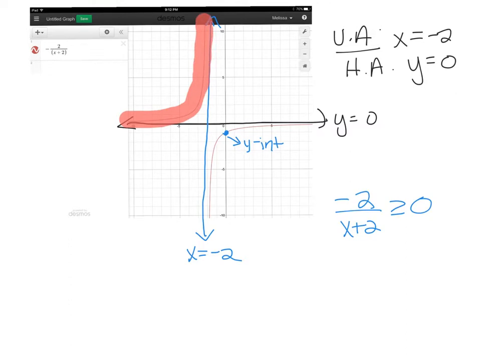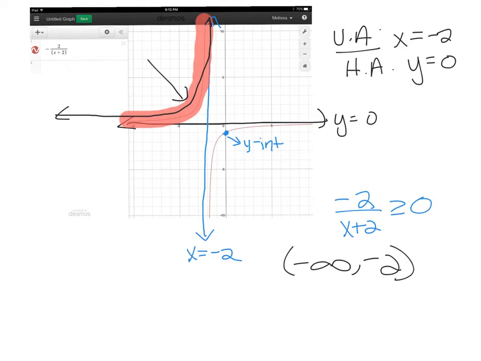Now, if I want to talk about an interval that describes what I just highlighted, let me go back and grab the pen. We need to give an interval for what I just highlighted in red. Going from left to right, if I trace the graph, that would be negative infinity to where our vertical asymptote is, which is at negative 2.